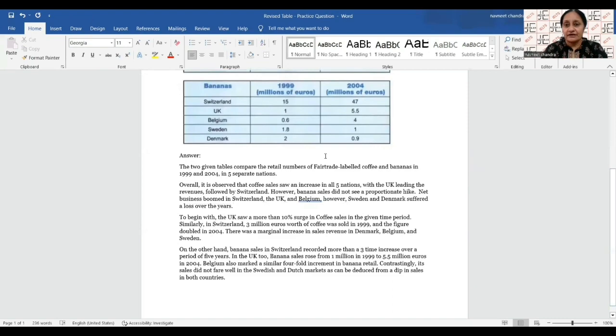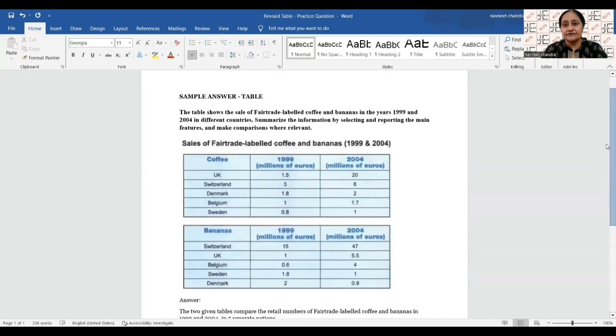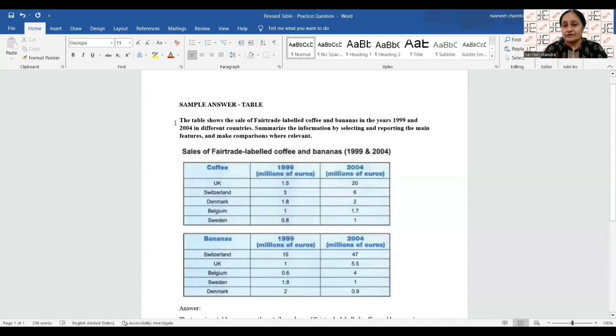Now if you see, we have made 4 paragraphs here. The first one is the introductory paragraph, where you simply paraphrase the information given. Like, the table shows the sale of fair trade labeled coffee and bananas in the years 1999 and 2004 in different countries. Now, what can we change here? Just a few things.